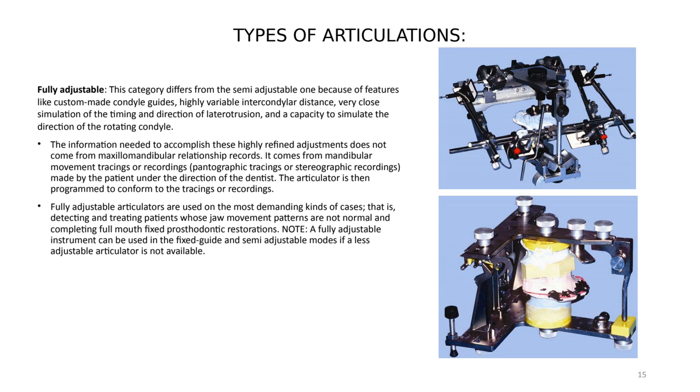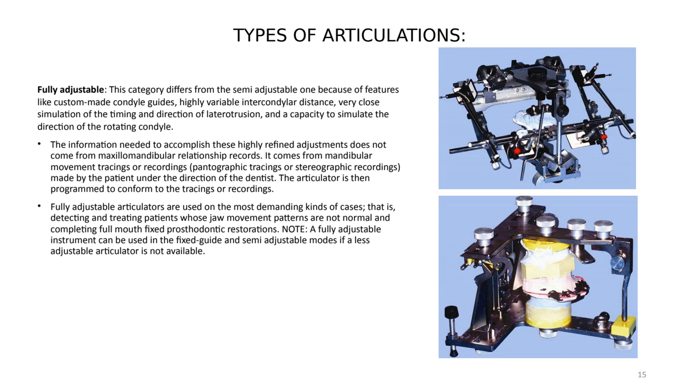The information needed to accomplish those highly refined adjustments does not come from the maxillomandibular relationship records or from the bite registration. It comes from the mandibular movement tracing or recording by the patient under the direction of the dentist.